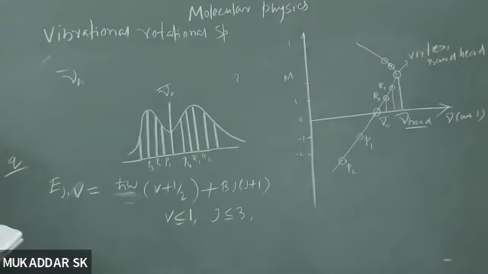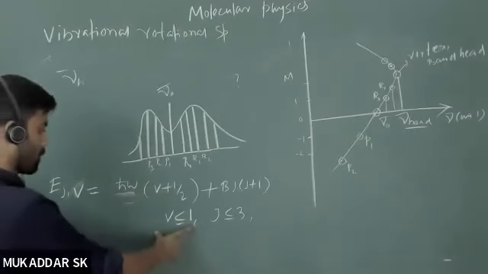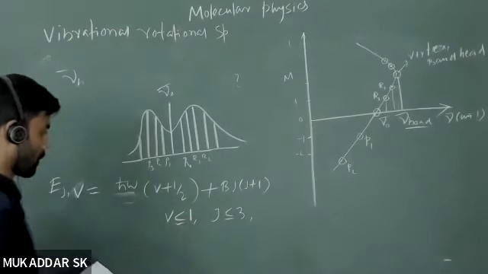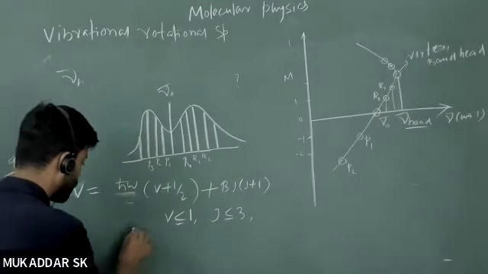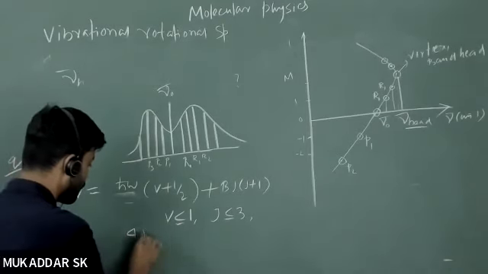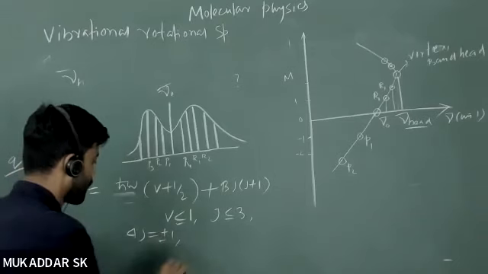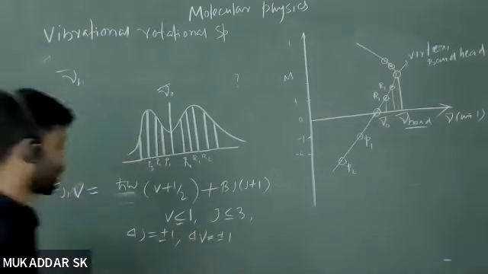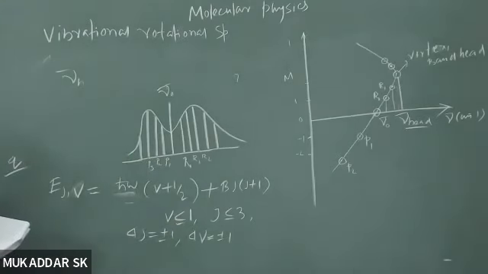Also they have mentioned that the selection rule for this transition is delta J equals plus minus 1 and delta v equals plus minus 1. Then they ask what will be the largest allowed energy for this transition.